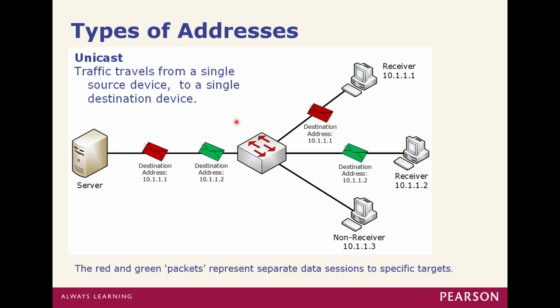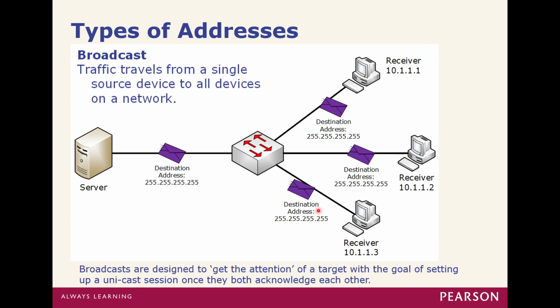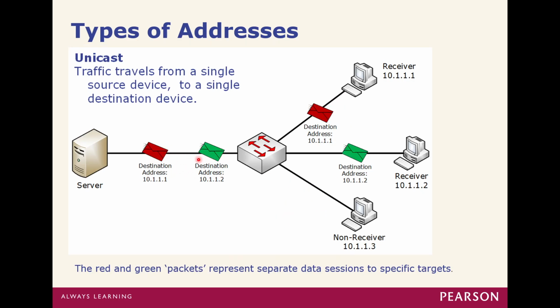So here basically you have a unicast. Here we have a server. Destination addresses are 10.1.1.1 and 10.1.1.2. So basically from one to one. You have a server and three receivers, 1, 2, and 3, and each one has its own destination address. So this is basically a unicast, only from one to one. And these are two separate packets.